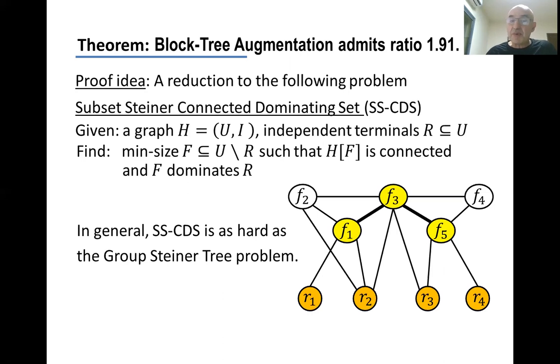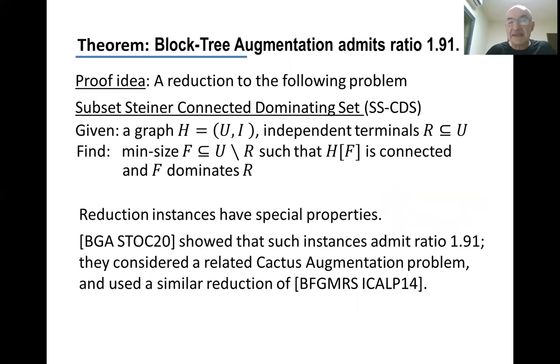In general, this problem is as hard as the group Steiner tree problem. Of course, the group Steiner tree problem probably does not admit a constant approximation ratio, and probably no ratio better than log squared n. However, the instances that arise from the reduction have some special properties, which I will describe later.